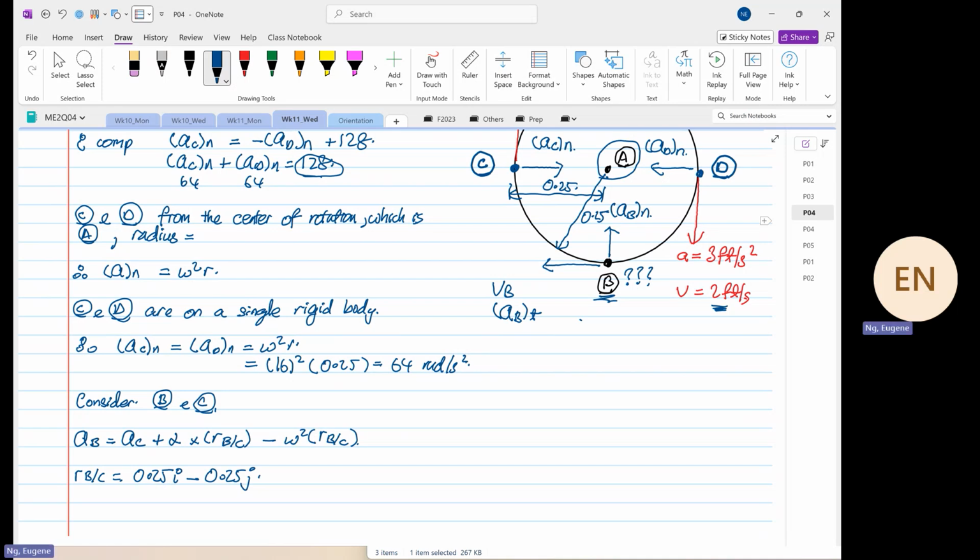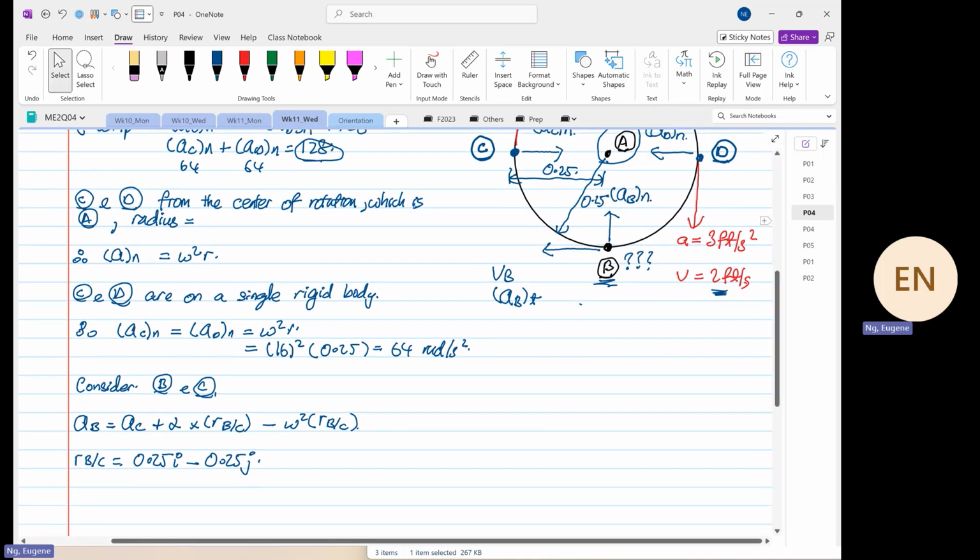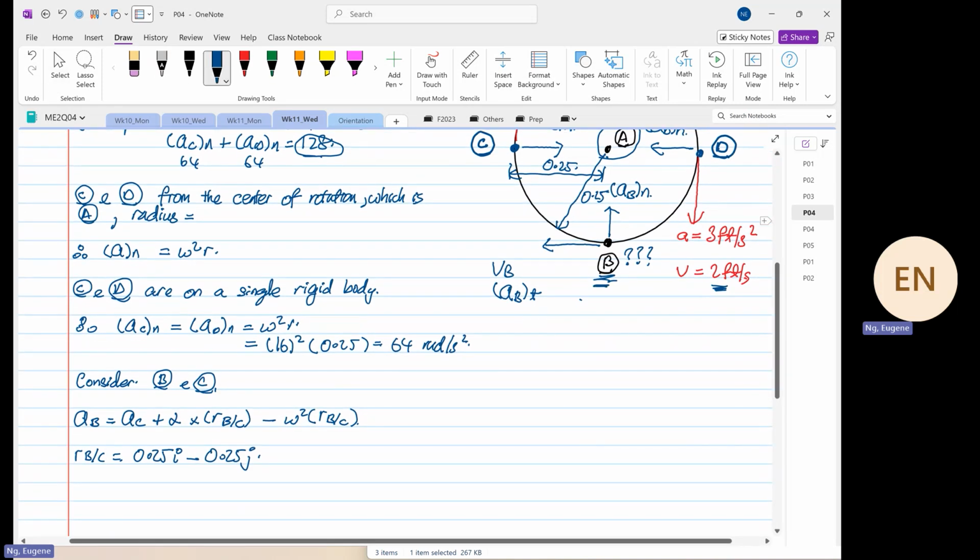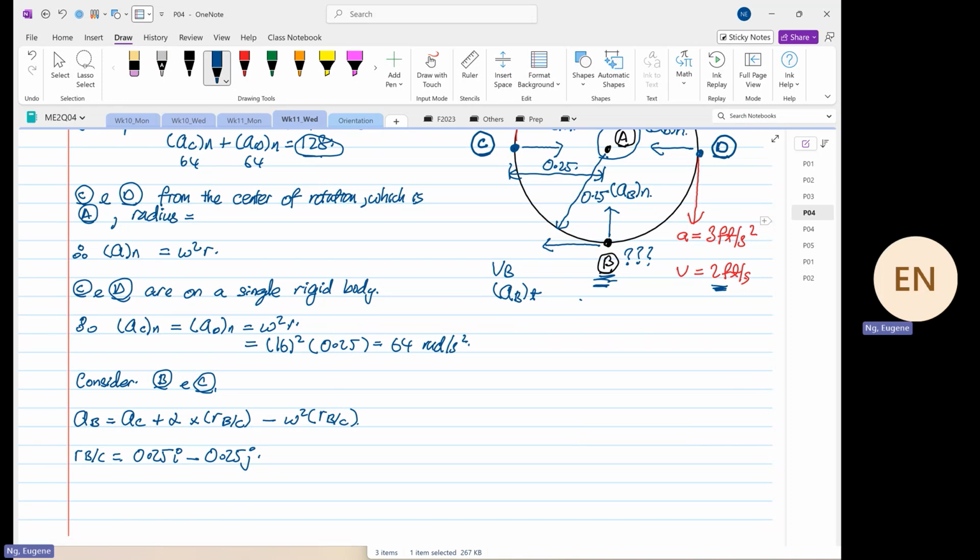I is positive because it's from point C. So from here, if we focus on point B, we have minus ABT I, then plus AB N J, and then the whole thing.